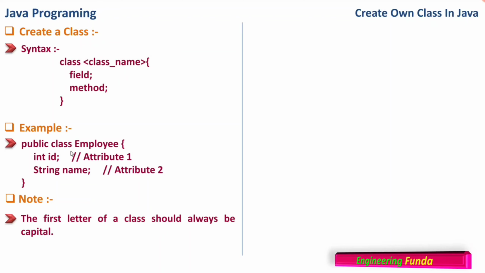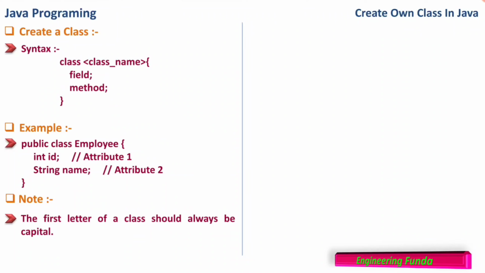Camel case is where you have capital letters in the names that are given. In a class, the rule says that you have to have the first letter capital of every word. So here there is only one word, Employee, so the first letter here is capital.